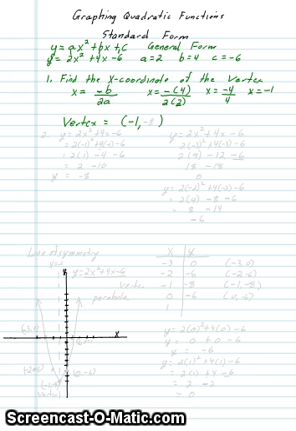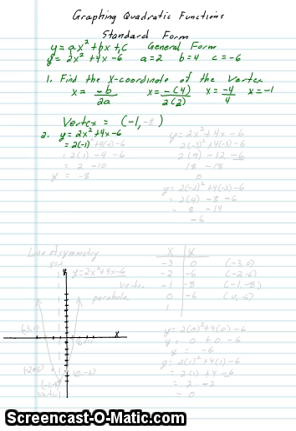Now we have to find the y-coordinate. So for step 2, we take the given formula, the 2x squared plus 4x minus 6, that's our given equation, and we're going to substitute x equals negative 1 in for all these x values.